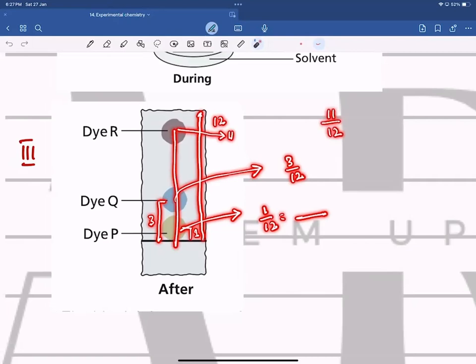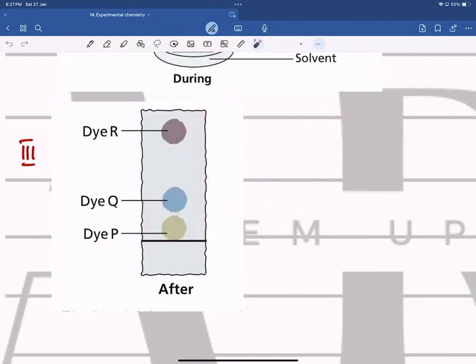Why do we calculate the RF value? Because we don't know the substance, right? There is a chart provided to us, in which there are RF values of many compounds in that specific solvent. After calculating this value, we match it with the chart, and then we identify whose substance value matches with this one.